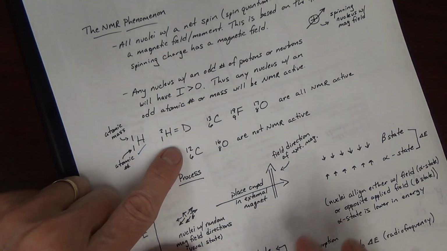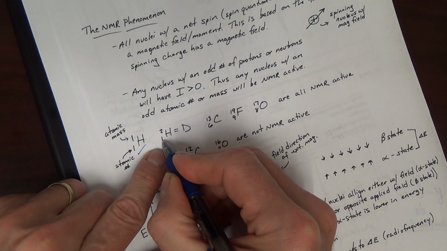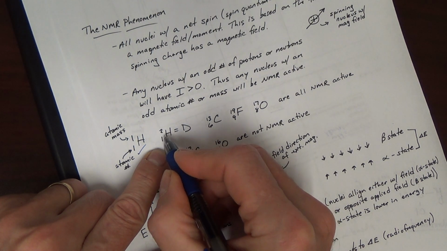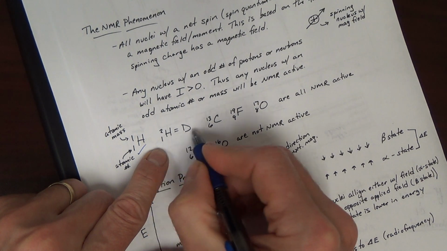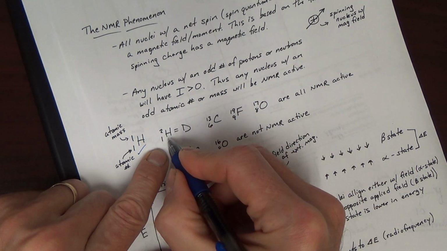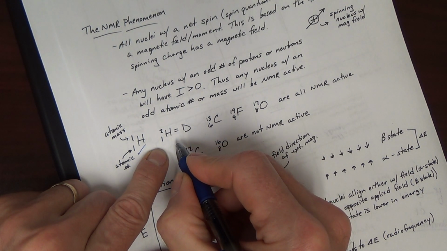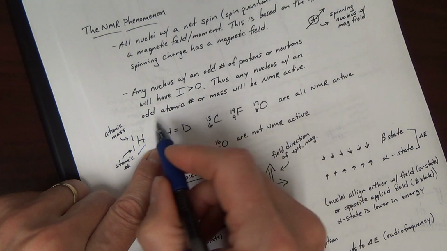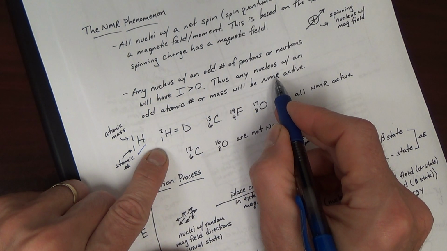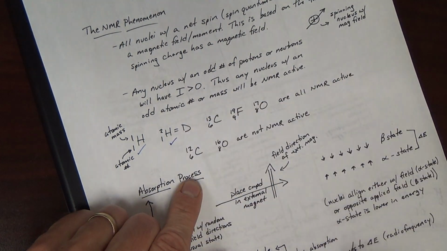What about deuterium, which is an isotope of hydrogen, in which it has 1 proton and 1 neutron, and those add up to be 2, so the mass number is 2. We call that deuterium. Is that NMR active? Yes. It has both 1 proton and 1 neutron. Both of those are odd. Remember, it only takes one of these being odd to be NMR active. Deuterium, NMR active.